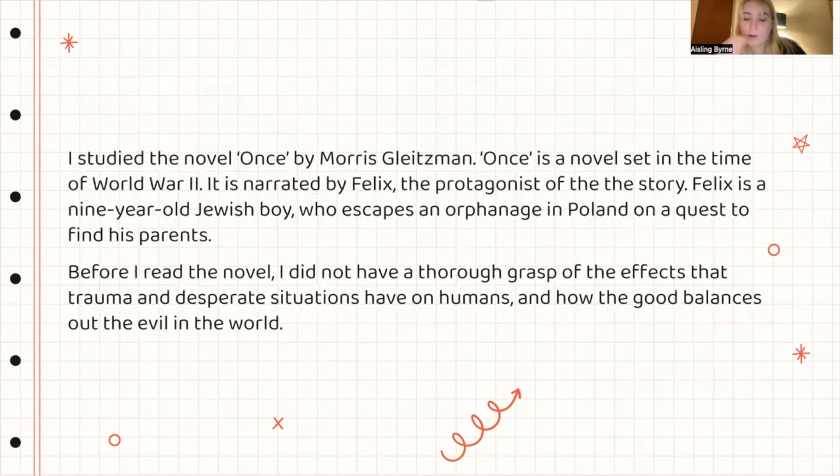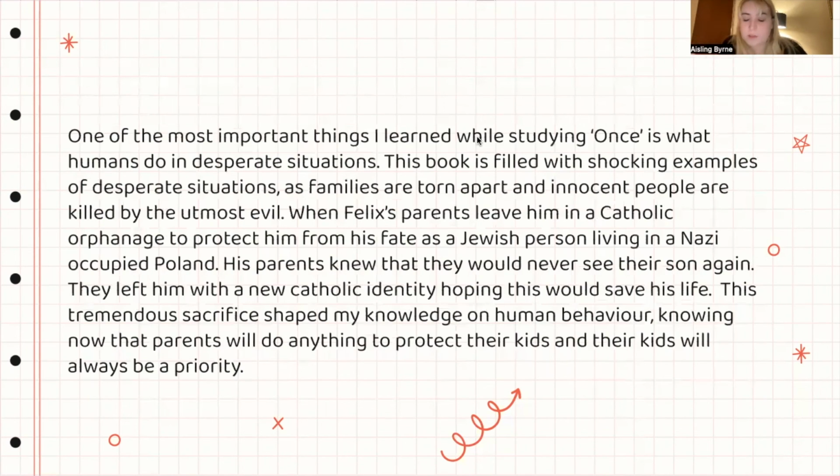So if we're going to have a look through paragraphs here, this is our introduction, just introducing the novel to us. So one of the most important things I learned while studying is that humans do what humans do in desperate situations.